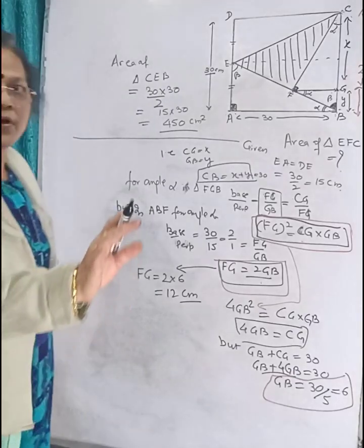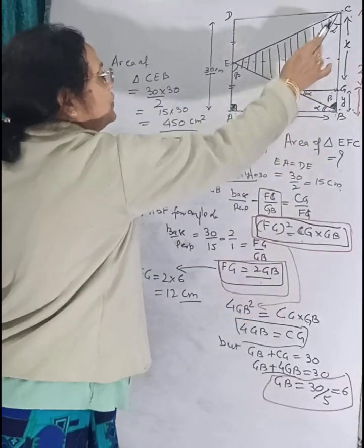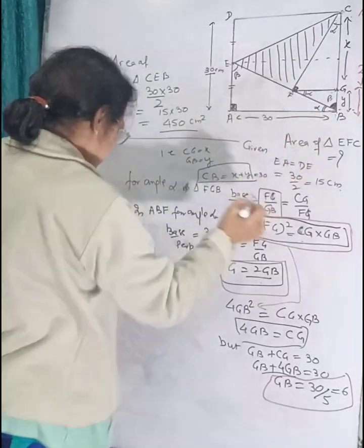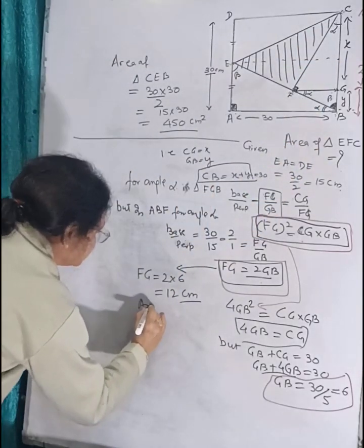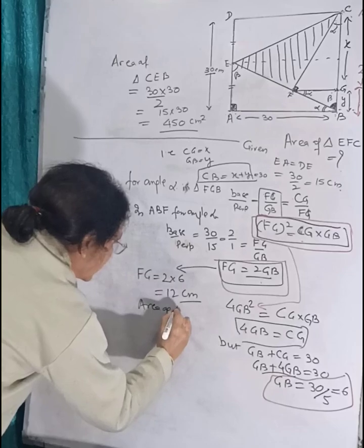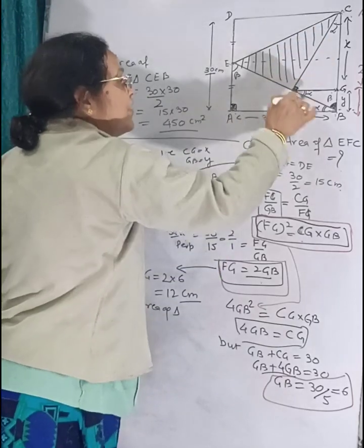Now, if FG is known, it means the area of this triangle can be obtained. The area of the triangle, which one? CFB.